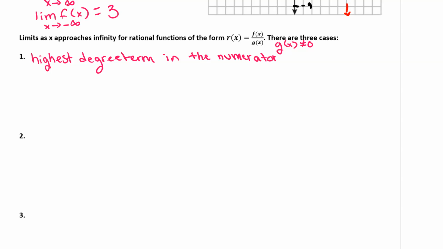Then our limit will approach either positive or negative infinity. It depends on the sign on the highest degree terms.